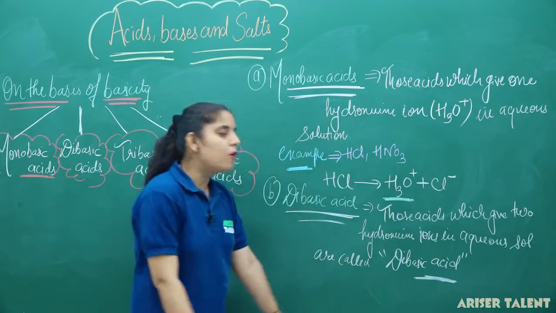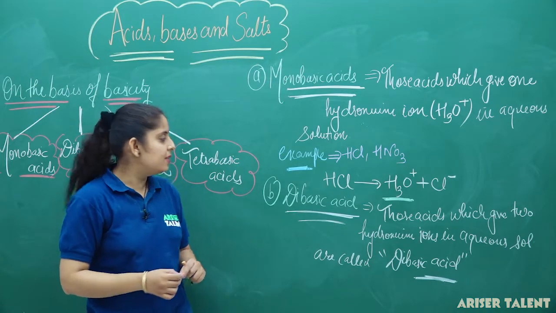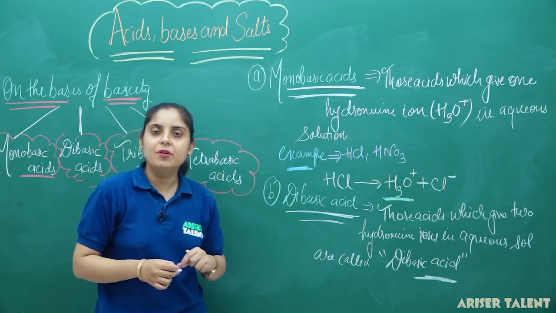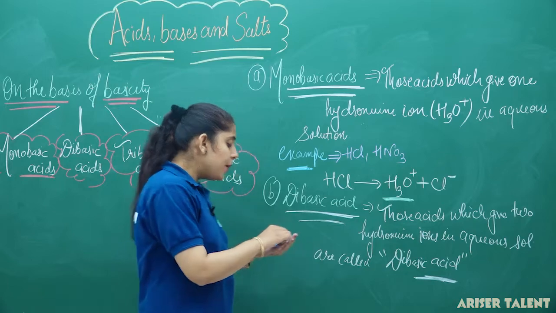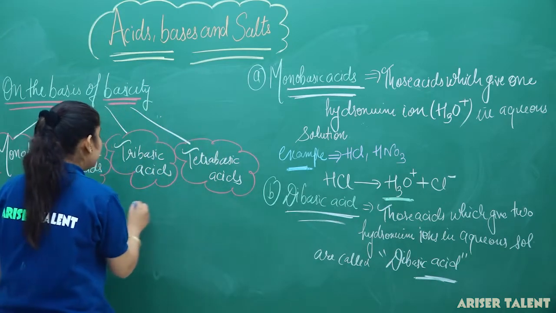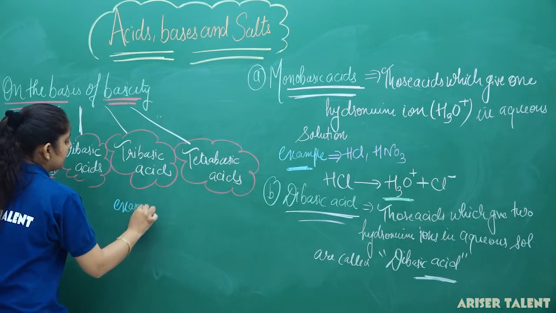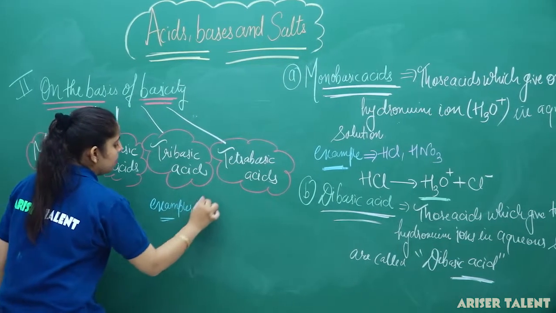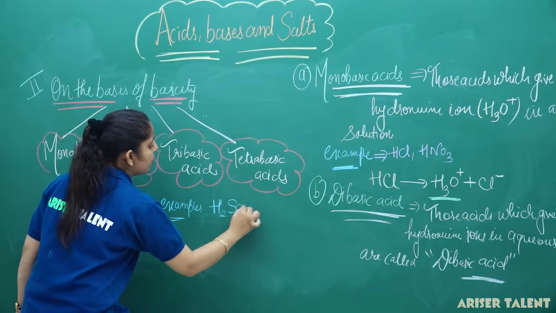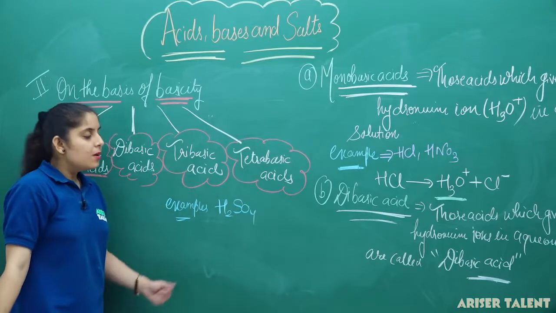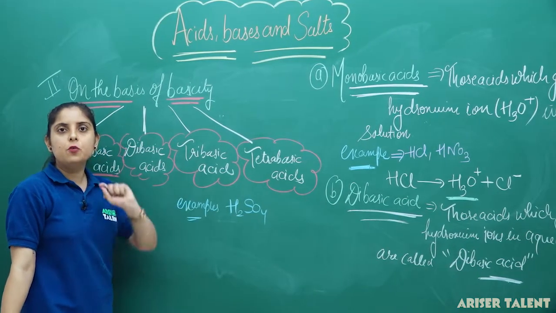So they are capable of giving 2 hydronium ions in the aqueous solution and they will be known as the dibasic acid. If I am taking the example for dibasic acid, the example will be H2SO4. Why H2SO4? Because sulfuric acid consists of 2 hydrogen atoms.